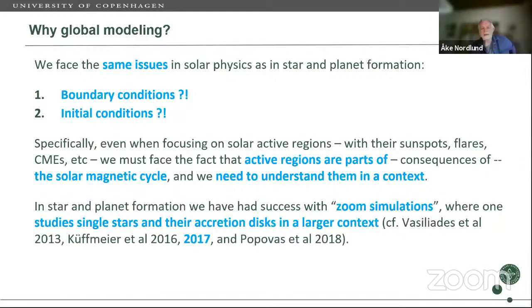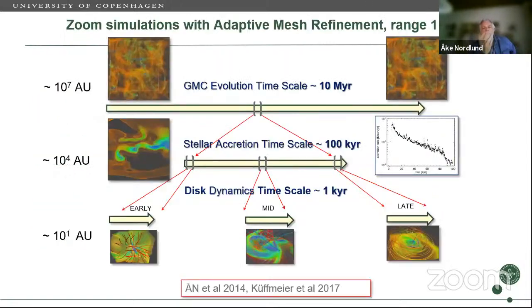We started using this technique in star formation, so that's where I can most easily illustrate it. You can also look at these papers, which were not done with the DISPATCH code, but with the RAMSES code. But the idea is the same, and one can do exactly the same with solar simulations. So, for example, in the context of giant molecular clouds, with a size of a few parsecs, so 10 million astronomical units, one can easily afford a timescale of 10 million years.